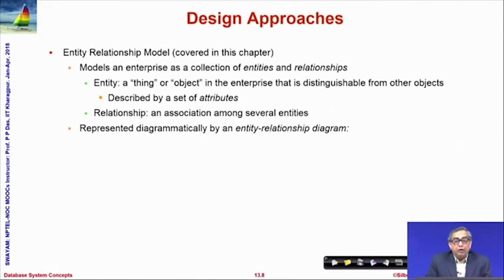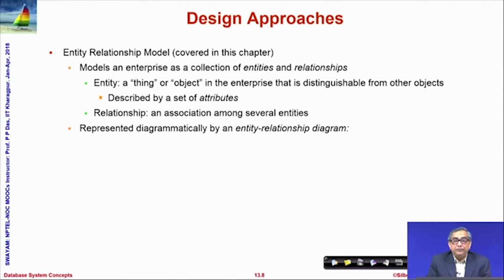Now, for the conceptual design, we primarily follow a model called the entity relationship model that tries to identify the collection of entities and relationships. An entity is nothing but an object, a thing that is distinguishable from other objects. So, if I say that student is an entity, then a student is distinguishable from another entity, course. Both of them are distinguishable from a third entity, instructor, and so on.